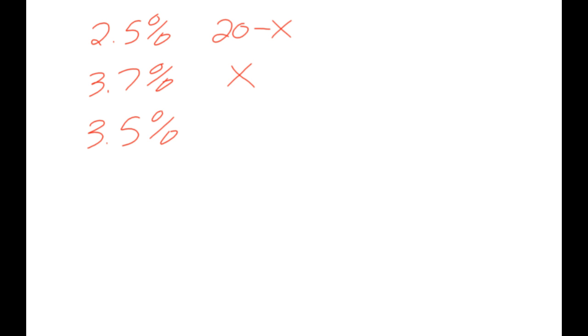Remember, I have a fish tank, and the fish tank can only hold 20 gallons. So as I multiply across the top, I'm going to get 0.5 minus 0.025x. Here I get 0.037x, and here I am going to get 0.7. Now I set up my equation. For those people that don't recognize the box, I try to leave spaces. Somebody asked if you can do it without using the table. Well, there you have it.